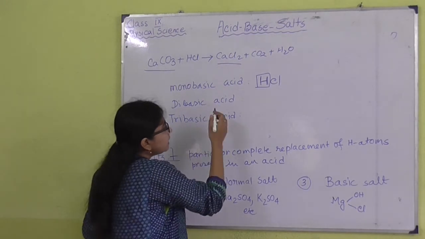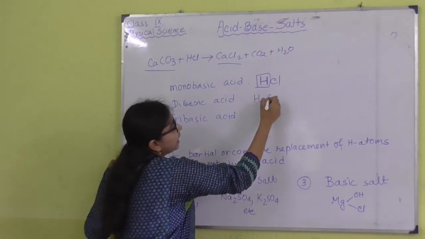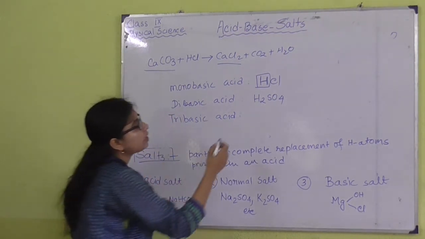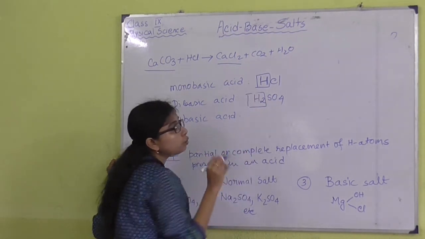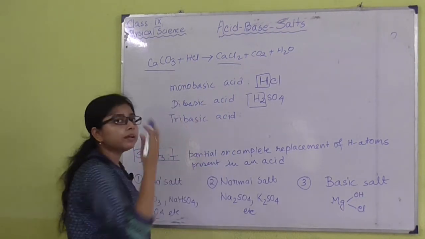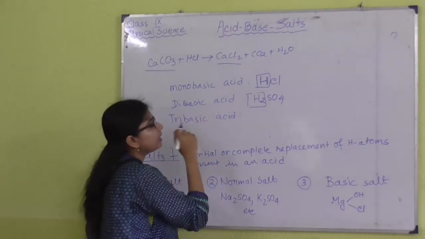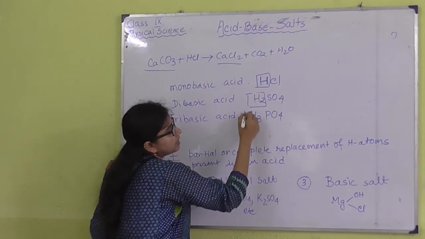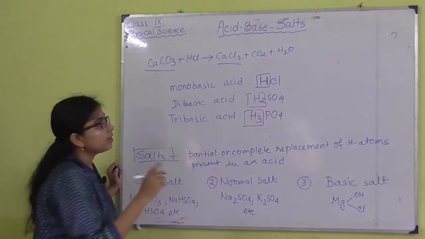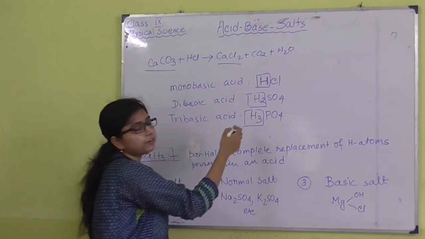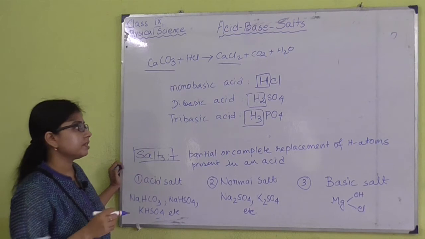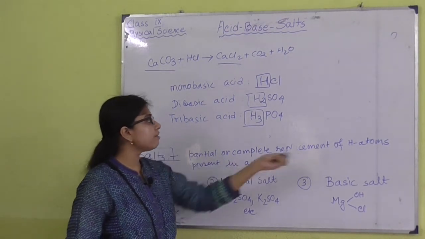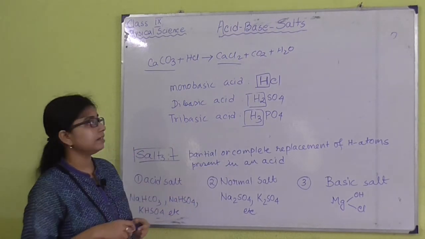Okay. And in this way we can say that H2SO4 is an example of dibasic acid, because here we have two hydrogen atoms that can be replaced. Okay. And H3PO4, that is phosphoric acid, is an example of tribasic acid, because here we have three hydrogen atoms which can be replaced. So, salt means the partial or complete replacement of hydrogen atoms present in an acid.